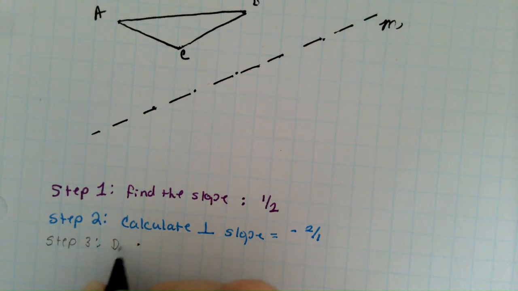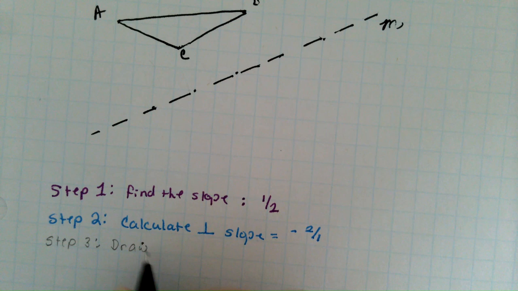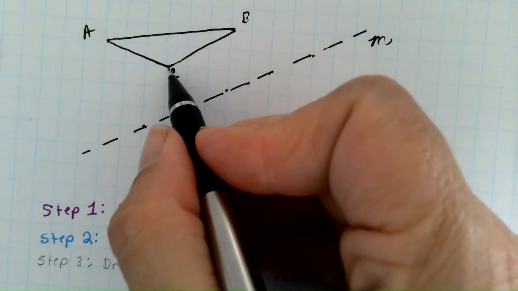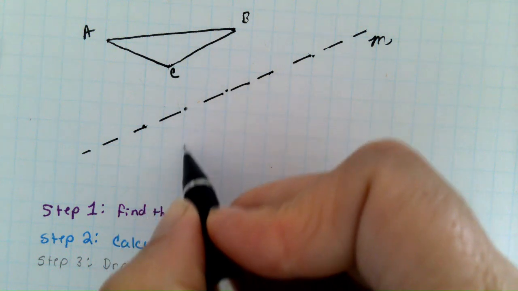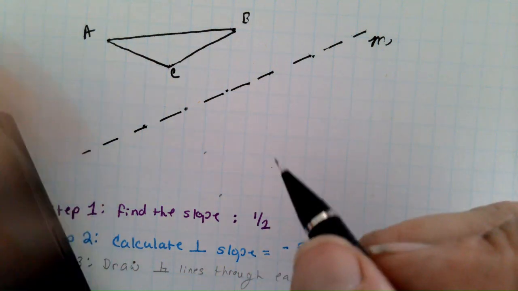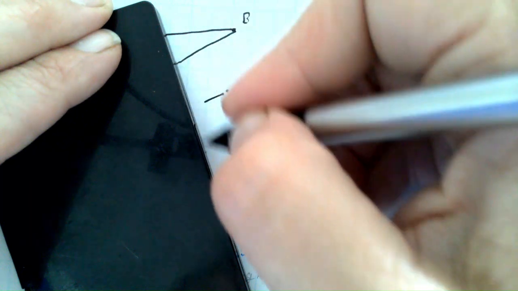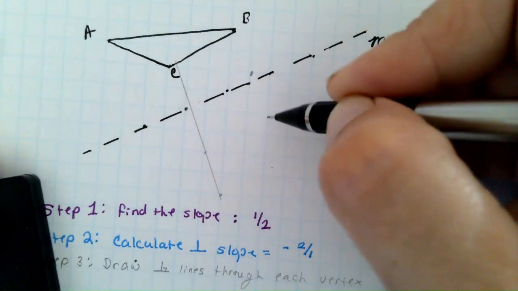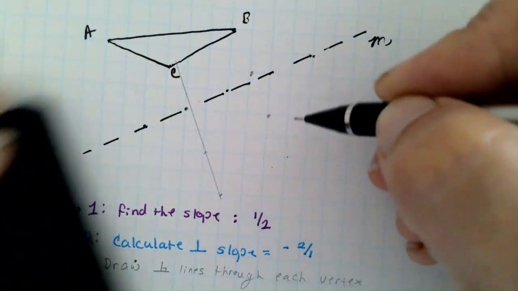So since we have a triangle, we're going to draw 3 lines. Draw perpendicular lines through each vertex. And I'm going to be doing that in pencil. Okay, so starting from C, down 2 over 1, and repeating. From B, down 2 over 1, and repeating.